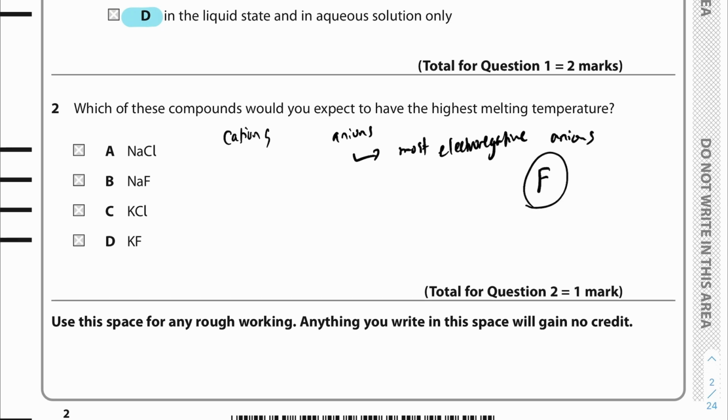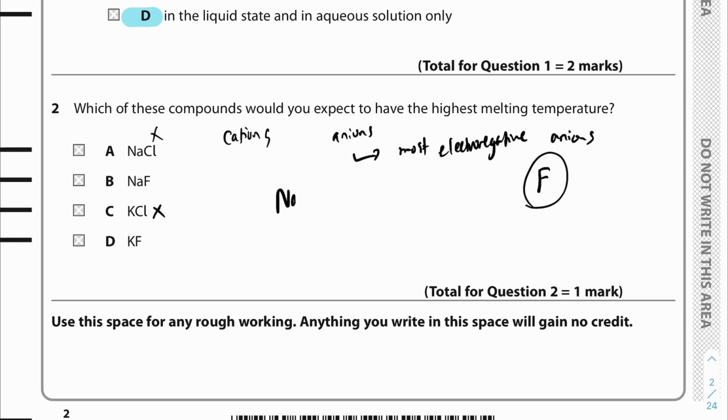So we can cancel out the chlorine compounds, so that's gone. Then we look at Na and K. Sodium has a smaller ionic radius, so it will be harder.